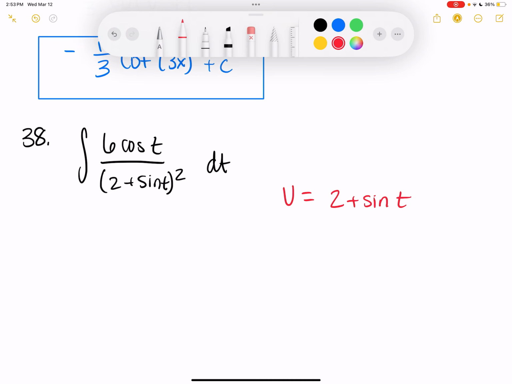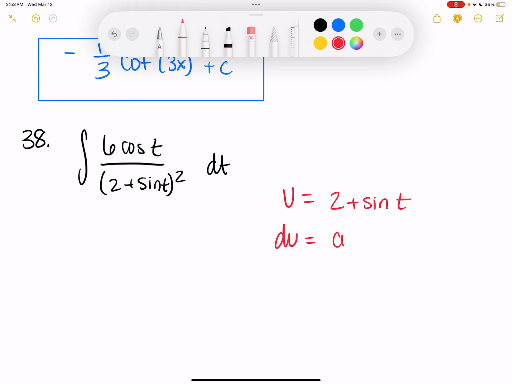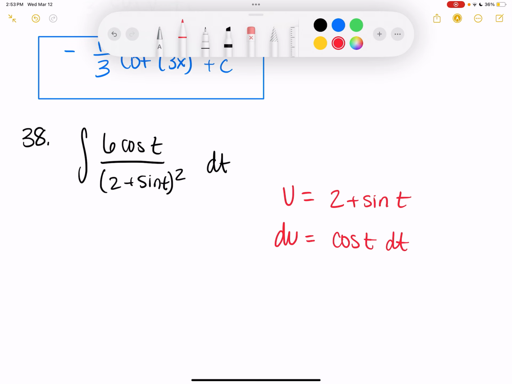Wild guess. Josh, derivative. Cosine of t dt. So now I'm going to take the 6 off the top and put it out front.